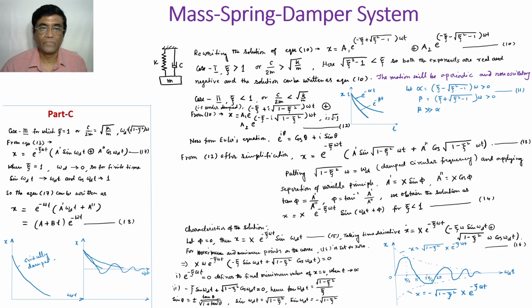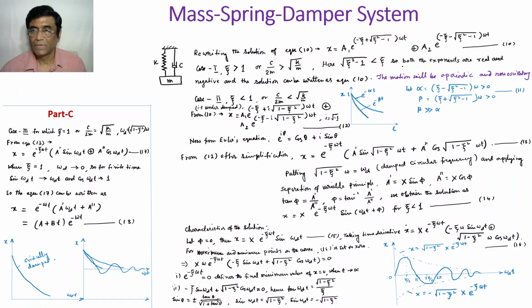So all these three solutions we'll try to crank out. Again, for your convenience, I am rewriting the solution from equation 10, you have this, right? And case 1, zeta greater than 1, that is, c by 2m greater than root over k by m. So what is root of zeta square minus 1? This will always be less than zeta, right?